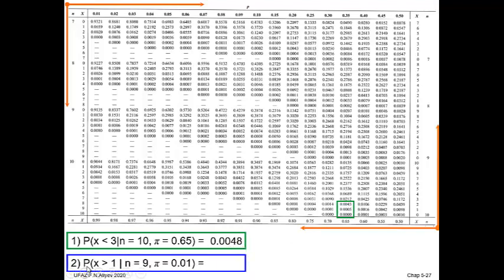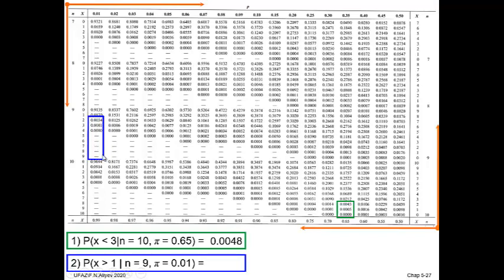If you have this one, x more than 1 and n = 9, π = 0.01. 0.01 here, and 9, yes, and x more than 1. You should add all this part. More than 1 means 2, 3, 4, 5, 6, up to 9, all of them. These lines represent 0, okay, don't worry about them.